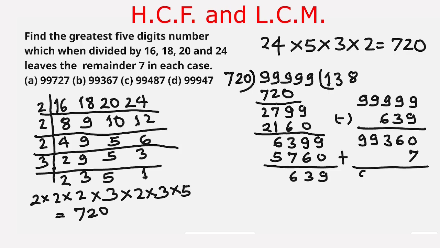So this becomes 99,367, and this is our answer. And from the given options, our answer is option B, 99,367. I hope you have understood all the methods of solving such type of questions. We go to the next question.